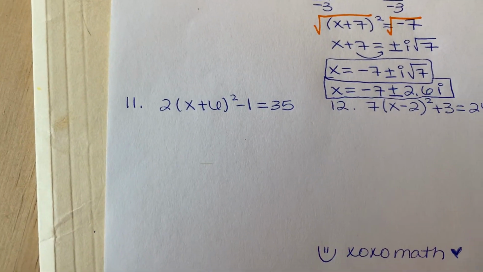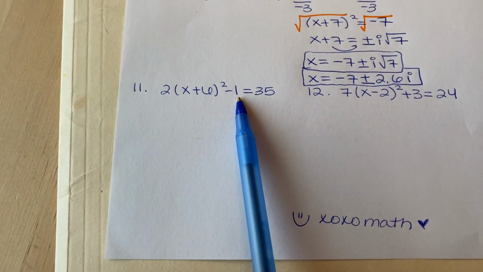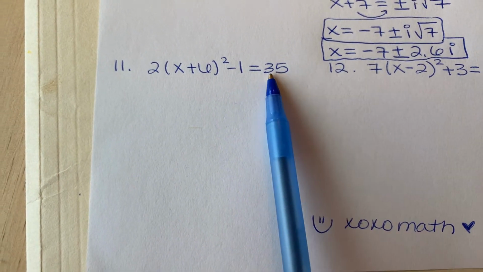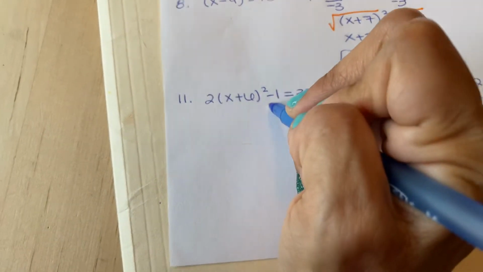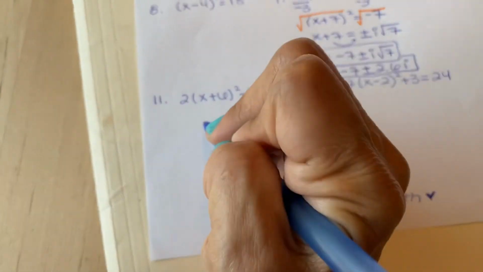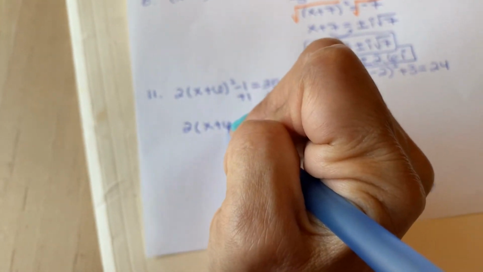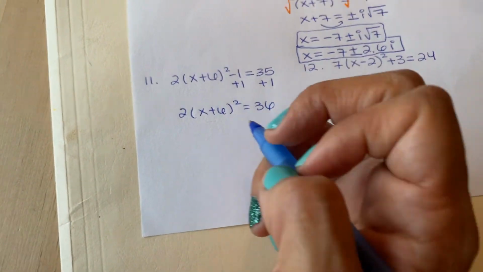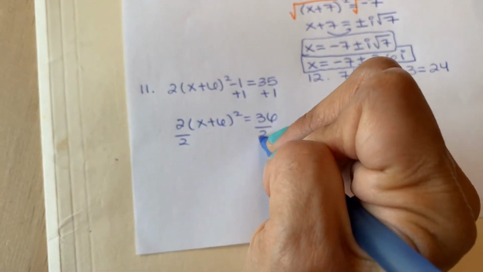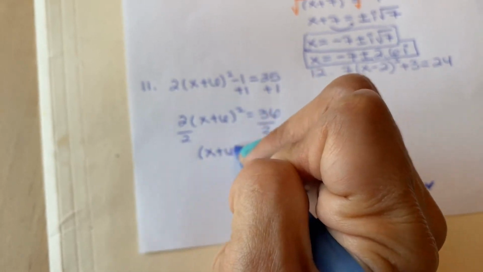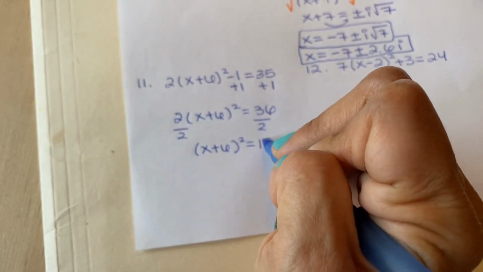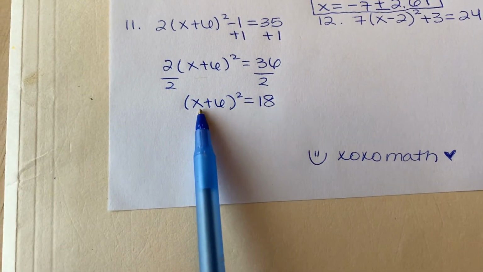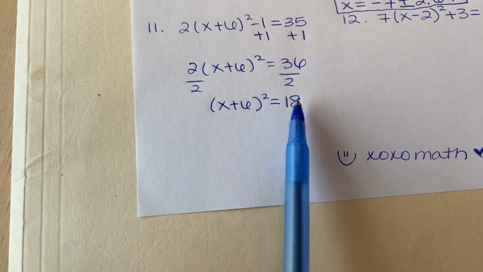Here goes 11. We just have now an extra constant. So you're going to take the constant, inverse operate it, jump the equal sign. So that'll make it a 36 because plus 1 plus 1. x plus 6 squared is equal to 36. Divide by 2. Remember, your goal is to get your x isolated, x squared isolated, or binomial isolated.